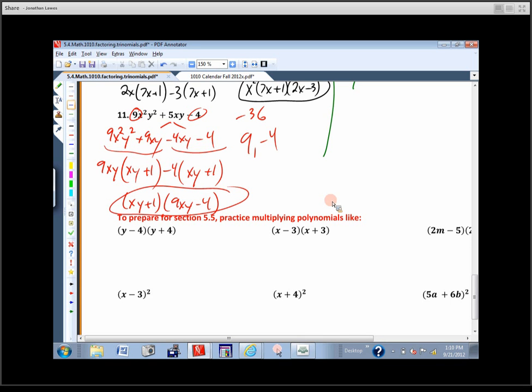Now, for those of you that love to guess and check and think that you're good at factoring, I can almost guarantee no one in here would guess that this is the right answer the first time. And here's why. What would you guess you'd use to make a 9? 3xy and a 3xy. What would most people guess is going to make a negative 4? A 2 and a 2.